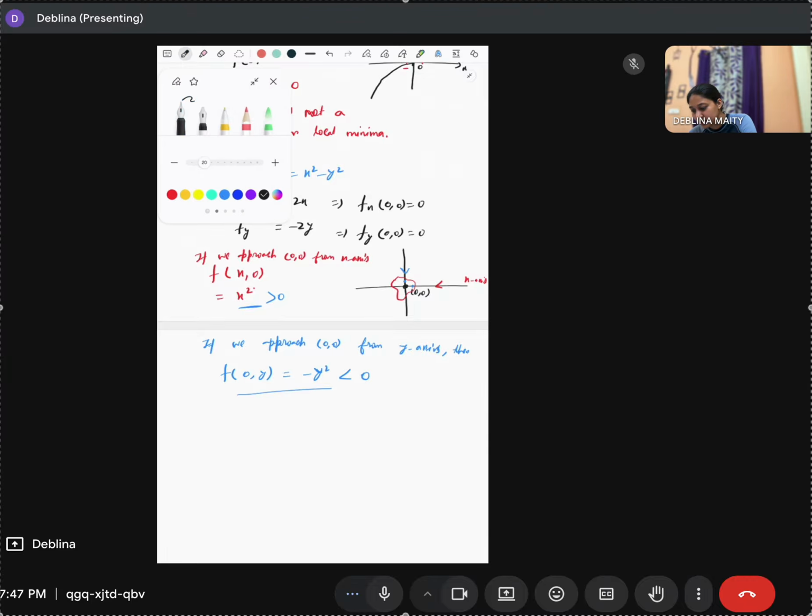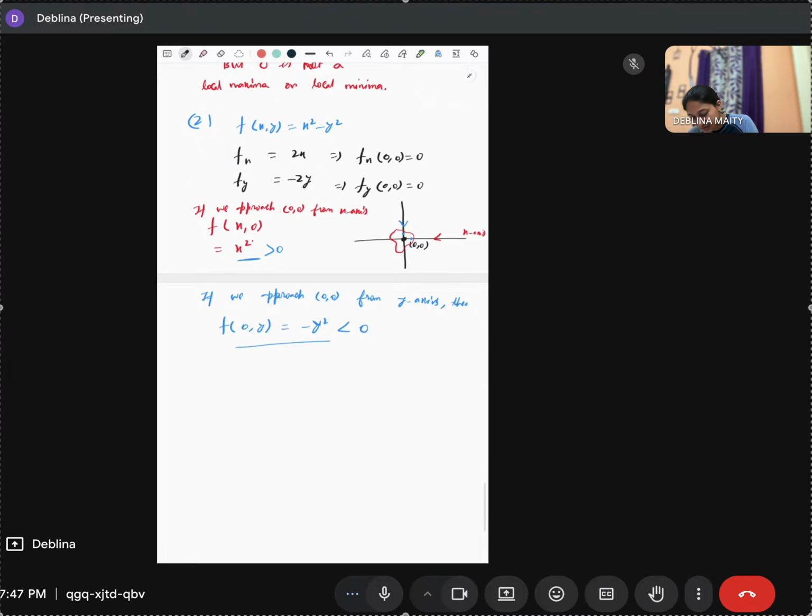So in each neighborhood of (0,0), there are points from the x-axis as well as the y-axis.